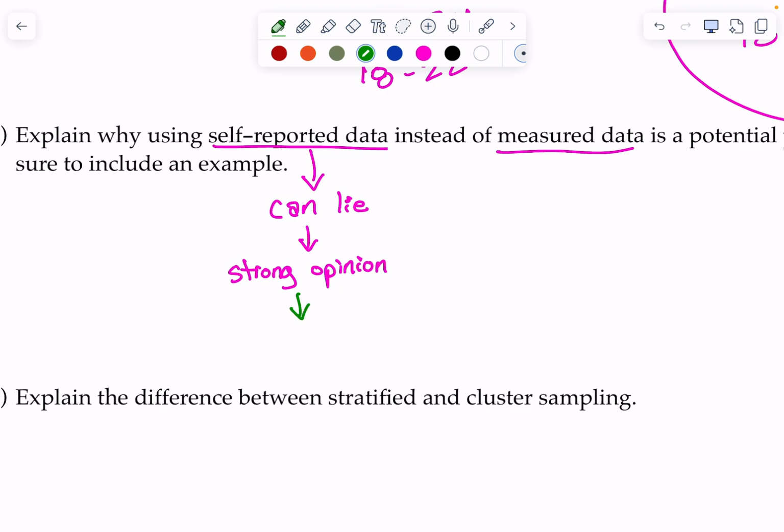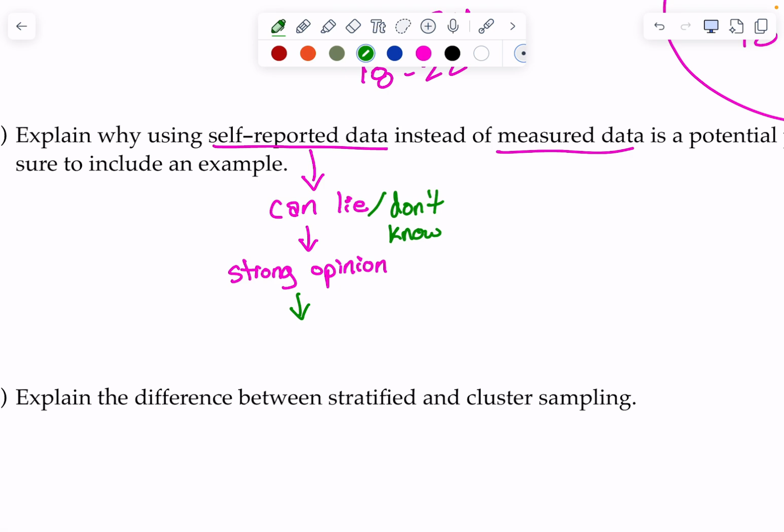What else? I'm going to go back to this: can lie. Don't know, right? Like if I ask Jack, how much does Jack weigh? He's going to be like, I can get you the nearest 5 pounds, but I can't tell you exactly to the decimal what I weigh at this point in time, right? Even if you weighed yourself this morning, you're drinking something right now, that's going to add, I don't know how much to you.